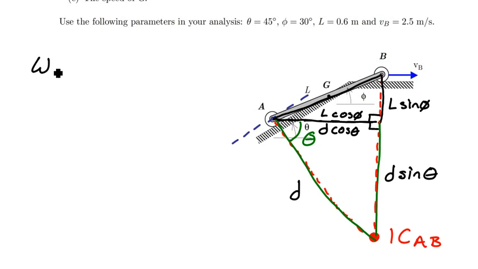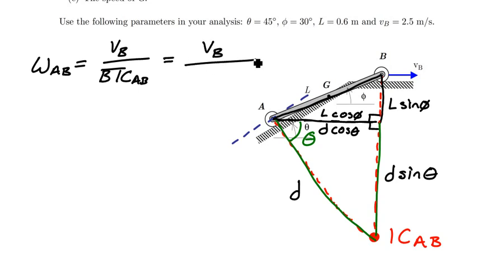Namely, I can start by saying that omega AB, the angular speed of the link, has to be the speed of point B divided by the distance between B and the instantaneous center of link AB. This is now relatively straightforward to compute because it's going to be VB divided by L times the sine of the angle phi plus d times the sine of the angle theta. Now you might say, well, you don't have a clean relationship yet to compute d, but in actuality we do.